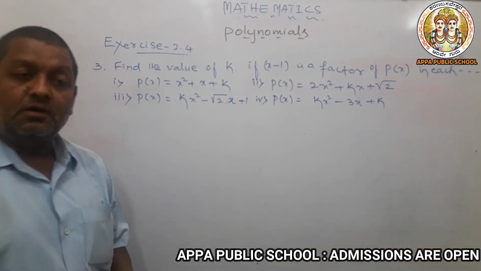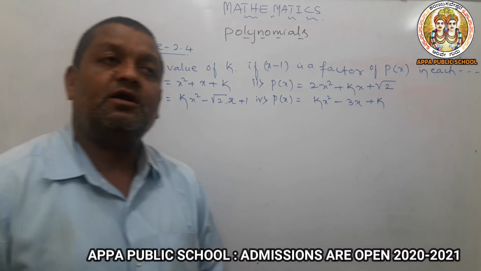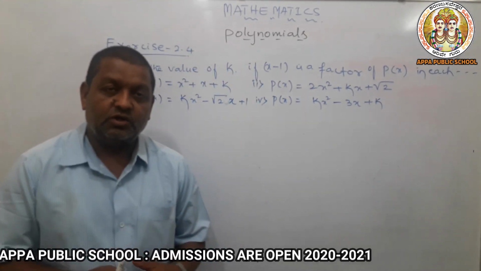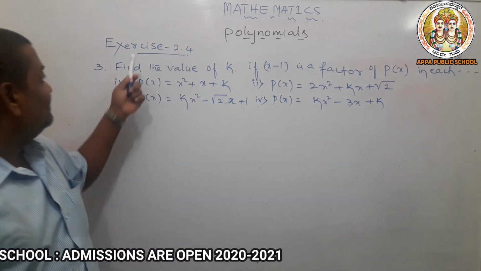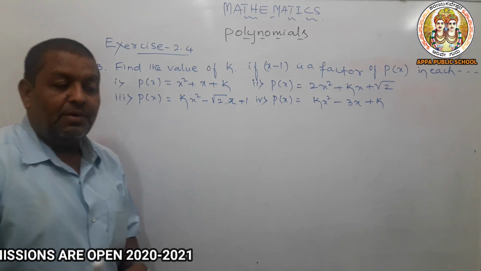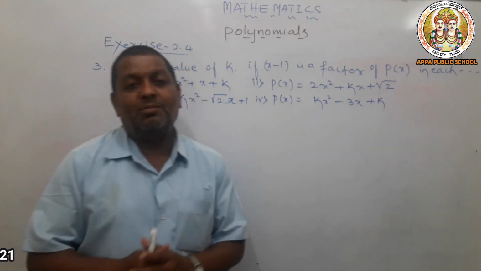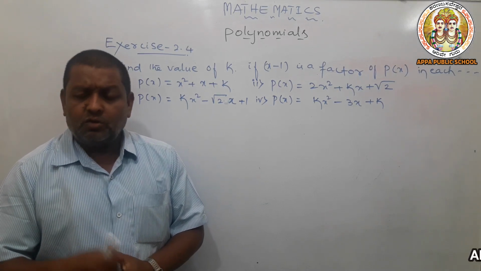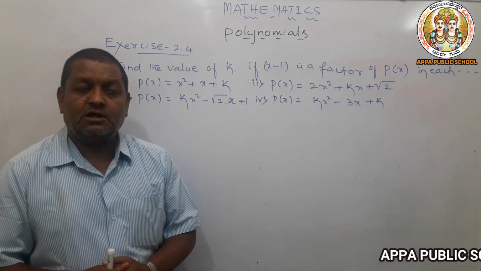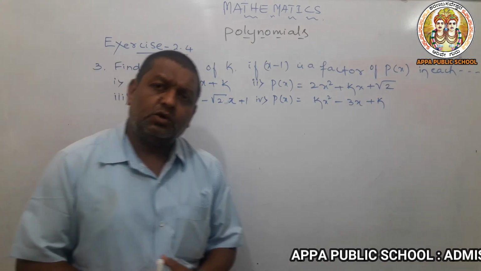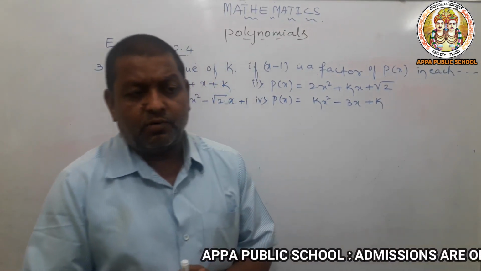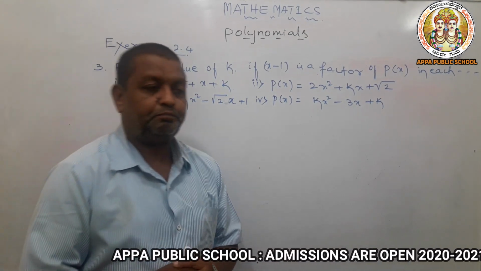Yesterday, in the last classes, we taught the remainder theorem and the factor theorem, and in this exercise, in the first two bits, using the factor theorem, we checked whether the given polynomial is a factor or not. Let me revise that. On which basis did we say the given polynomial is a factor or not?